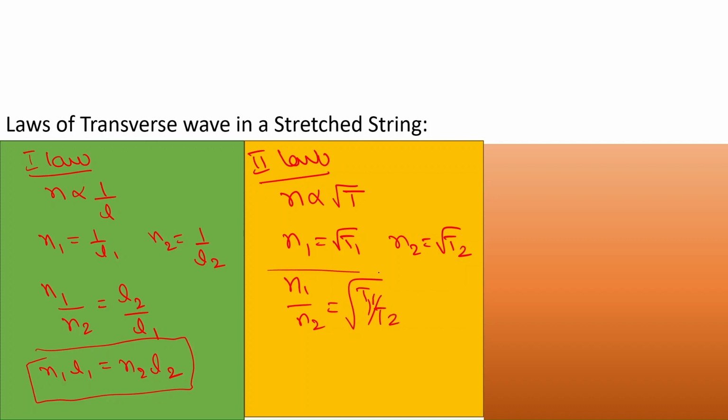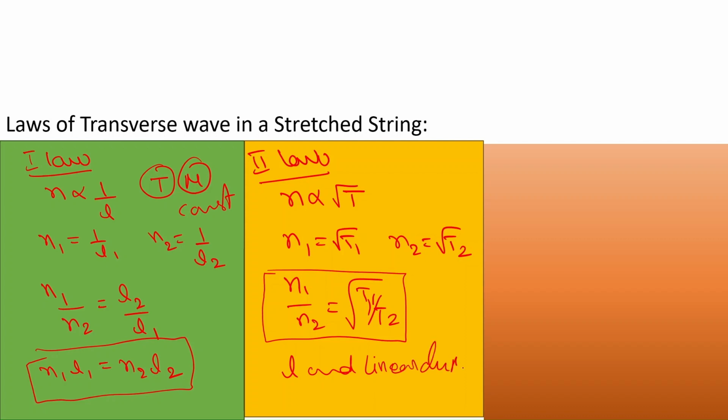This is the second law of the transverse waves. In the first law, the tension T and linear density mu are constants. Similarly, in the second law, the length and linear density mu are constants.